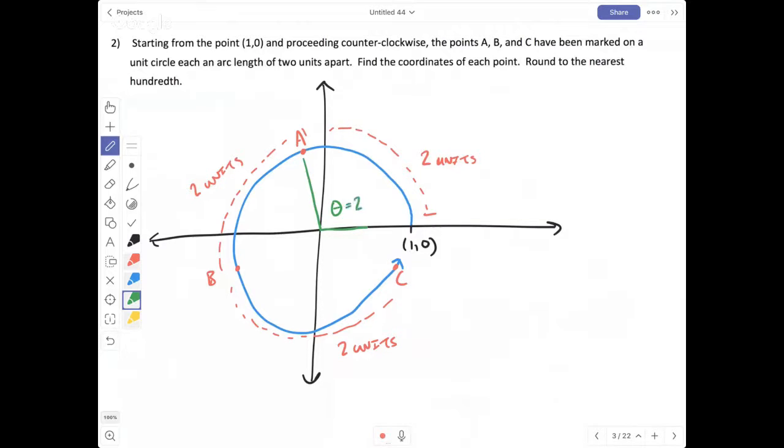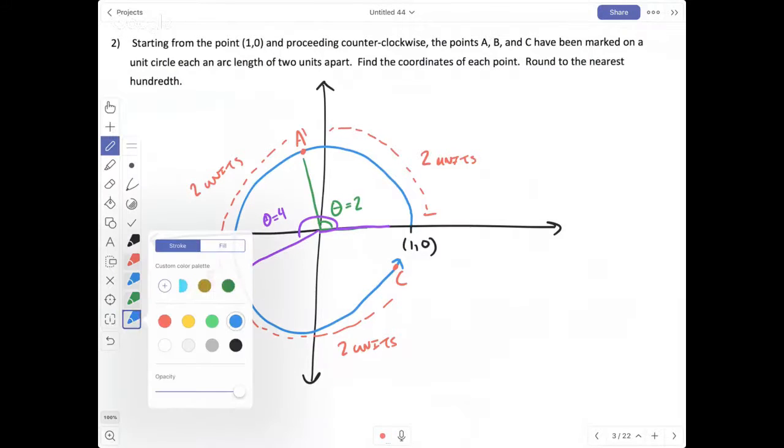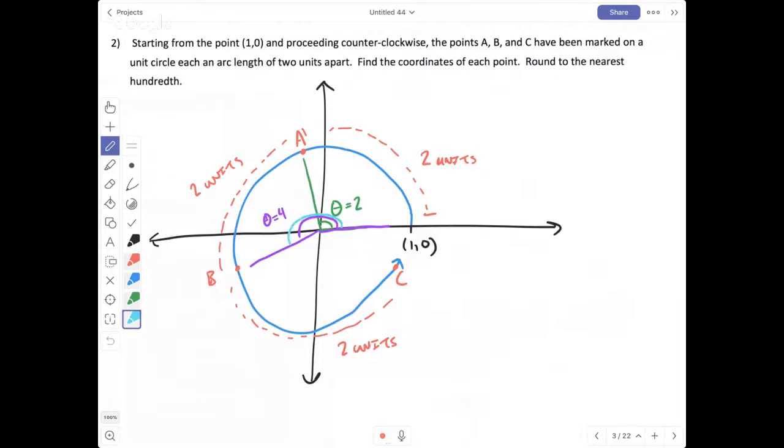So here, theta equals 2 radians. Theta equals 4 units, all the way around to there would be when theta equals 6 units.